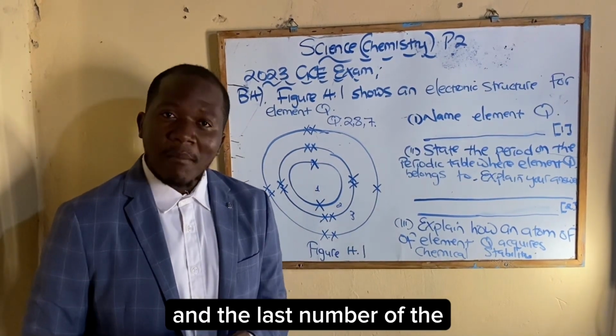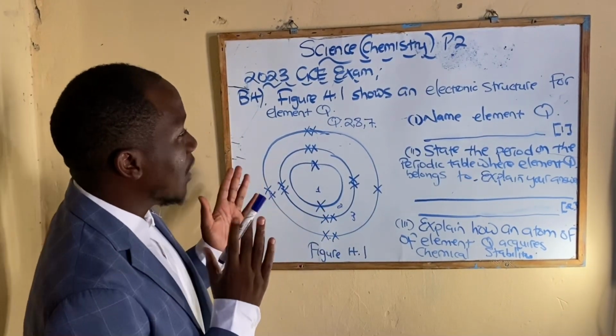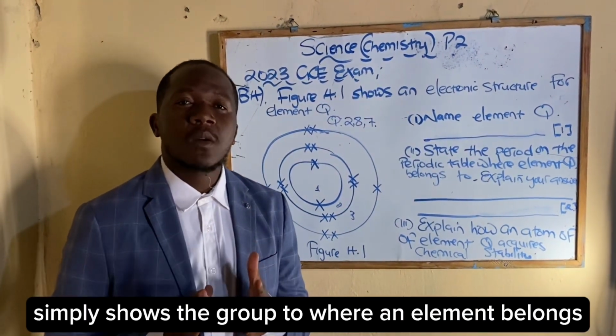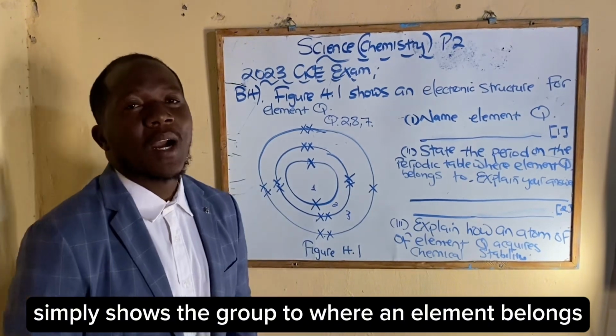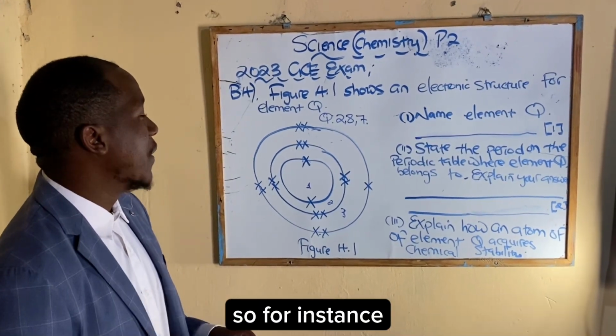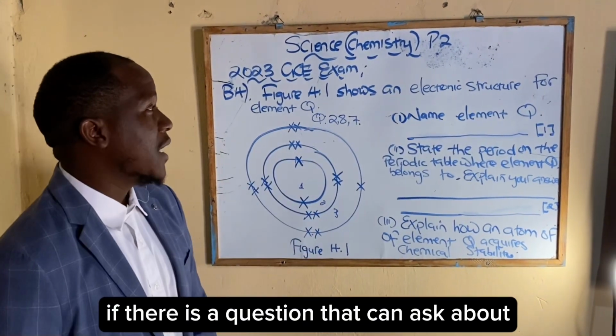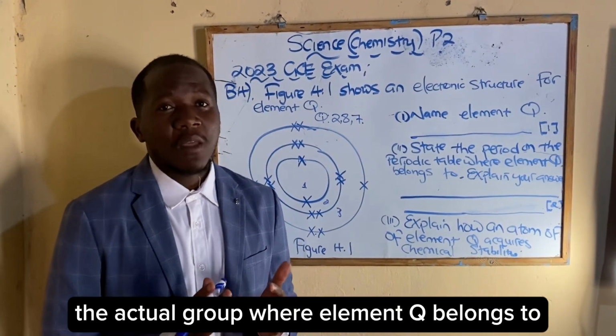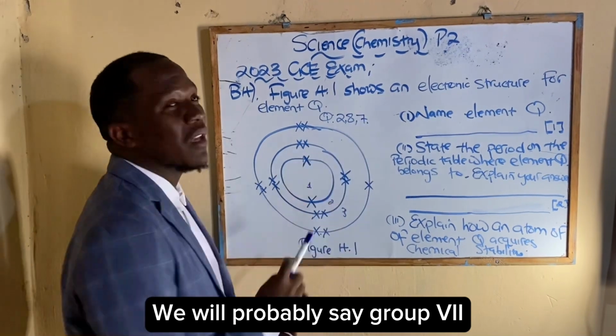And the last number in the electronic configuration simply shows the group to which an element belongs. So if there is a question that asks about the actual group where element Q belongs, we'll say group 7. Why?